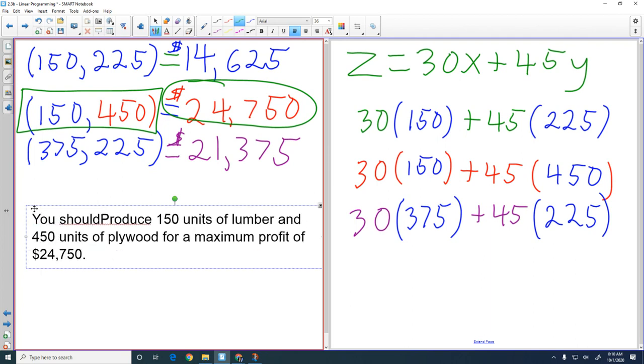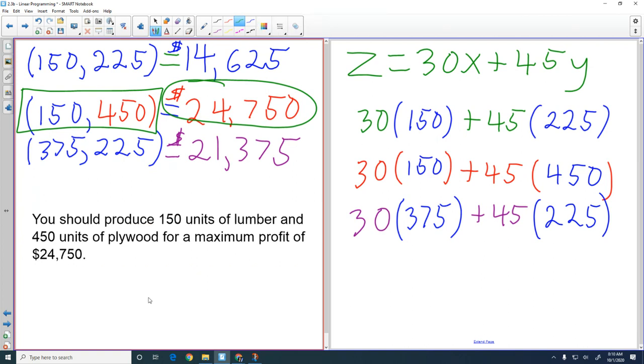I'll make it nice and formal. So you should produce 150 units of lumber and 450 units of plywood to earn a maximum profit of $24,750.